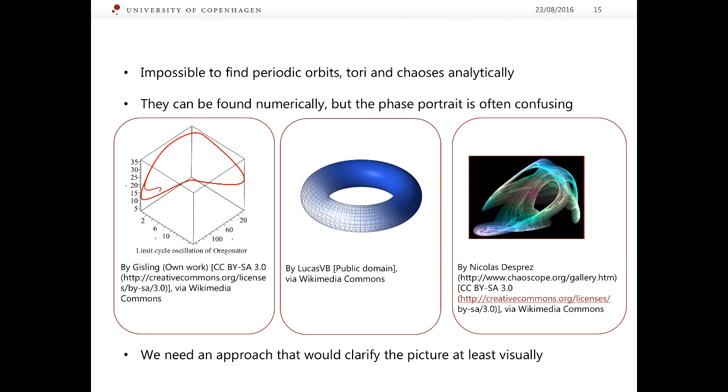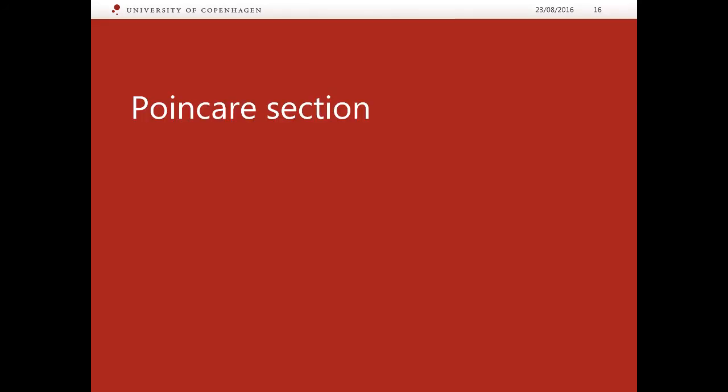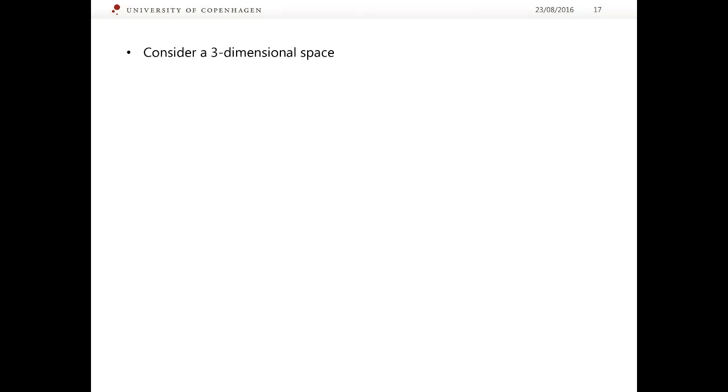It appears that such a technique exists, and it is due to the famous mathematician of the 19th century, Henri Poincare. This approach is called Poincare section. What does it do? Consider a three-dimensional space for the start, and in the three-dimensional space there are some phase trajectories, infinitely many phase trajectories.